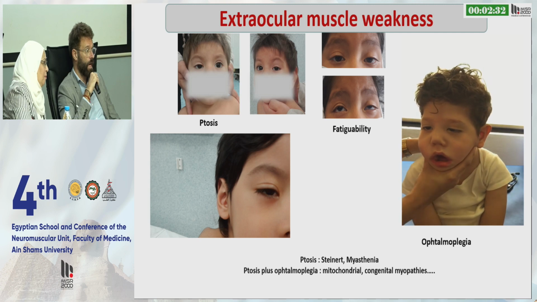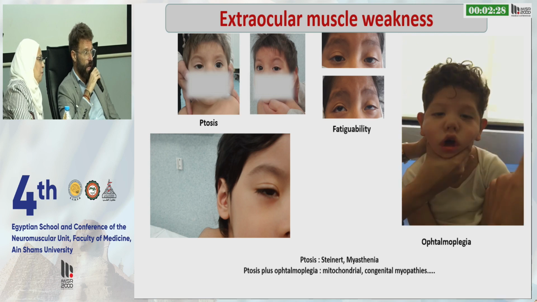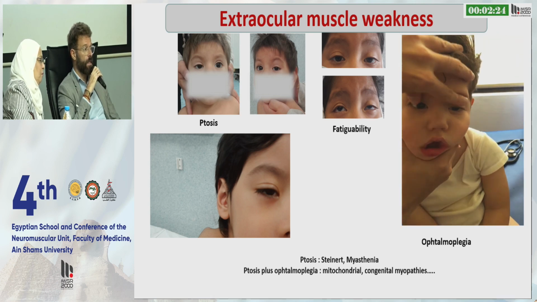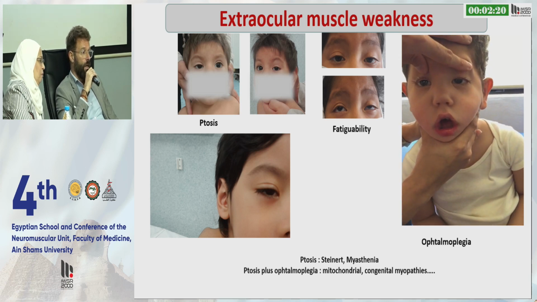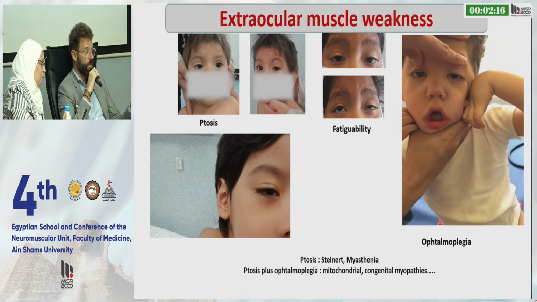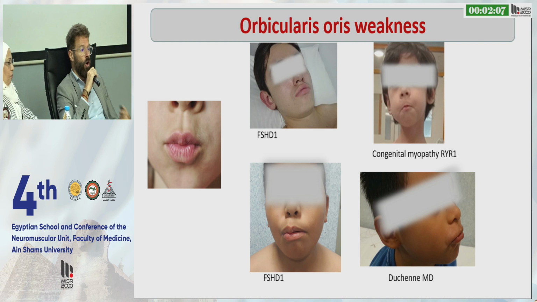We are trying to make him look in different directions, and he can't because he has a complete ophthalmoplegia. This can be seen in many conditions: Steinert, myasthenia, mitochondrial disorder, congenital myopathy. This is very interesting. The last patient that I showed has a nemaline myopathy, which usually does not show this kind of ophthalmoplegia. It's an exception.